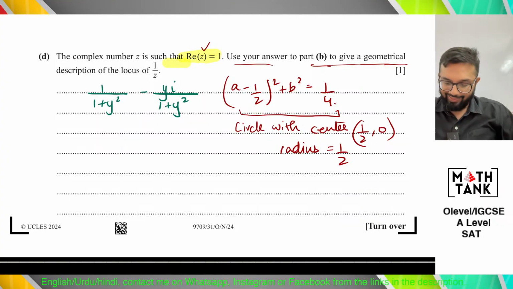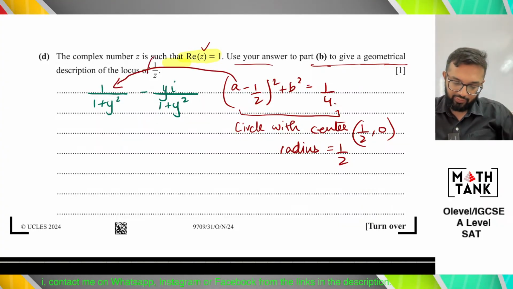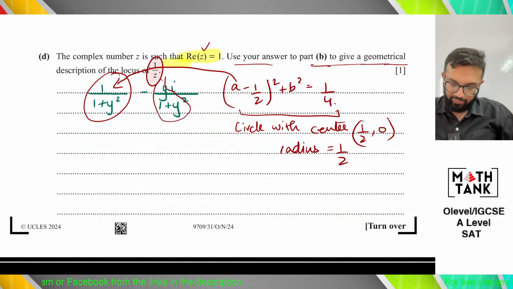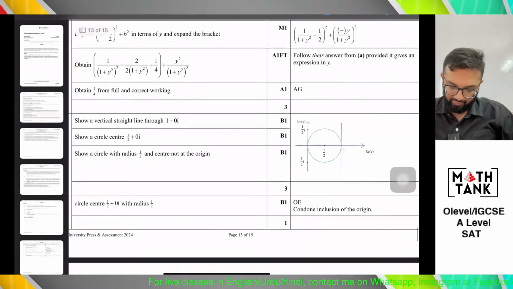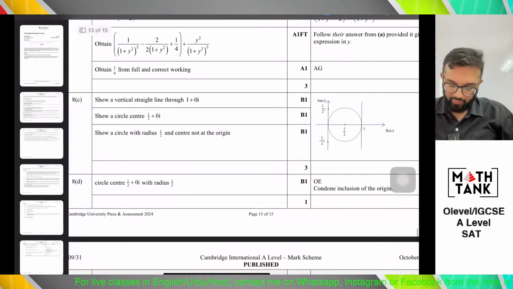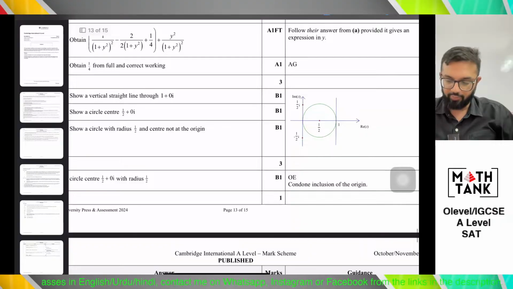Okay. What was A? A was the real part of this. So the locus of 1 over z has a real part this and an imaginary part this, which fits into this equation, which means that the locus of 1 over z is going to be a circle with center half comma 0 and radius 1 over 2.